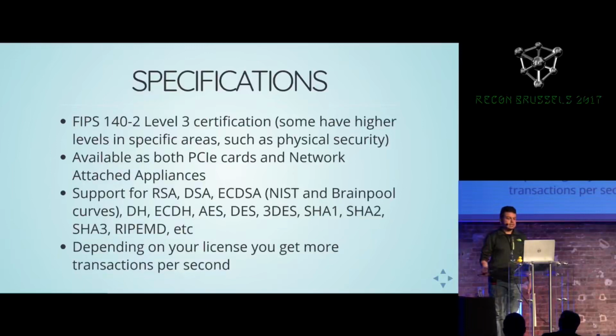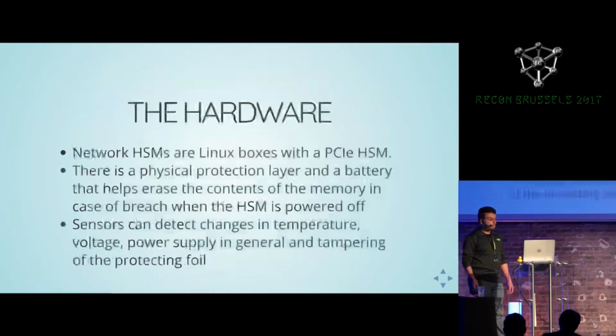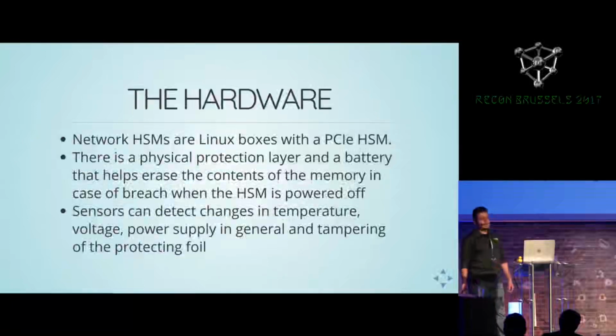But the funny thing is that I can assure you no CA uses FIPS validated firmwares, because FIPS is too old, and RSA with a 4K bit key is not valid in FIPS mode. So no CA uses FIPS validated firmwares. The hardware: actually, network HSMs are simply Linux boxes with a PCI Express HSM inside.